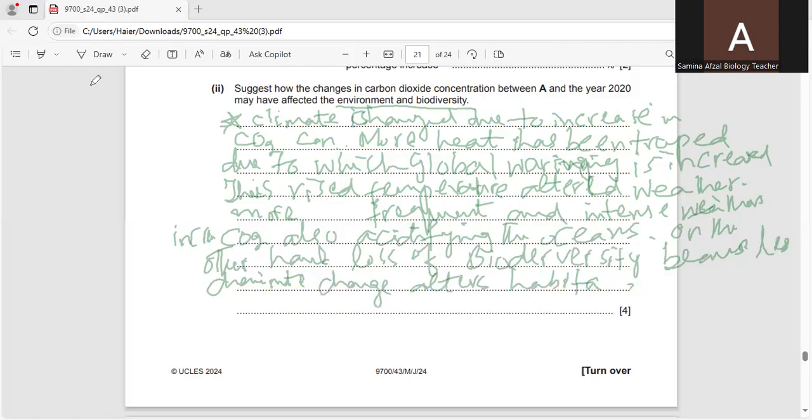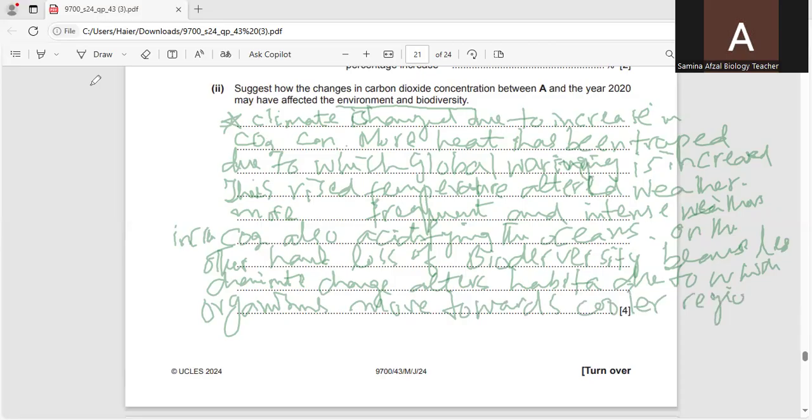Climatic change alters habitats, due to which organisms move towards cooler regions. So it affected the biodiversity intensely.